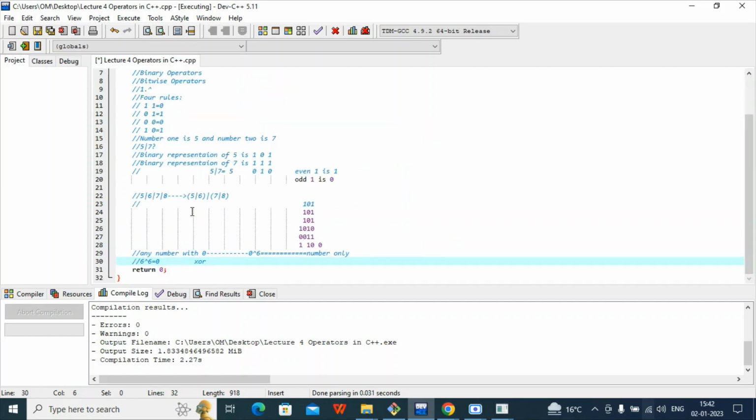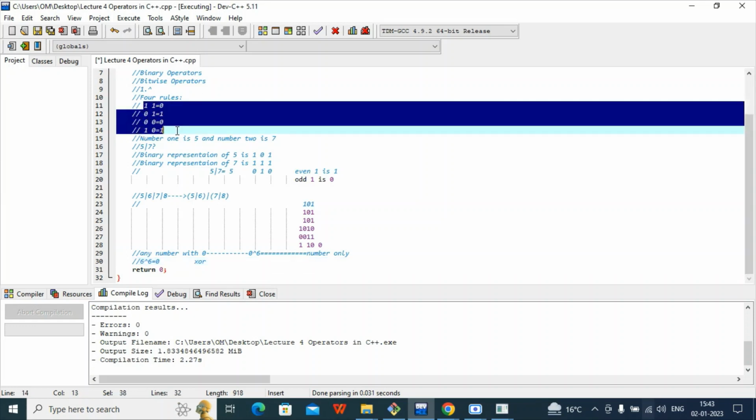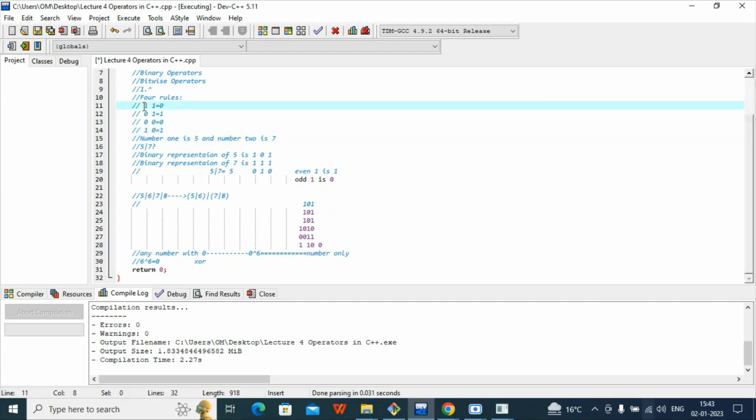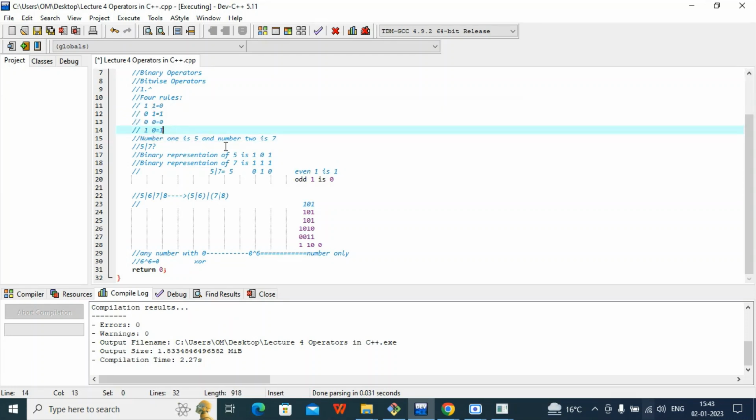This is what I wanted to tell you about the XOR operator. Again, I'm saying, take a copy and pen, get questions from Google, and solve multiple questions on these topics. I hope I'm explaining these things very clearly, and you are getting it. This is the table.